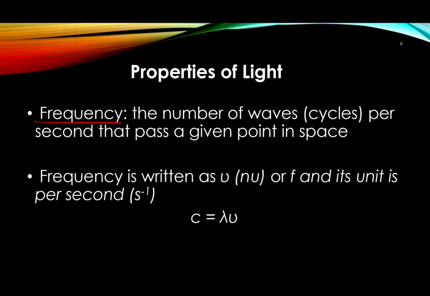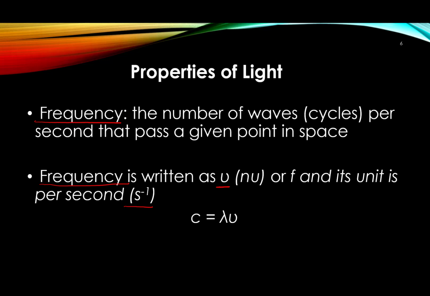That is why the unit for frequency is per second. We show frequency as nu. It's like an italic version of v, and the SI unit for it is per second.